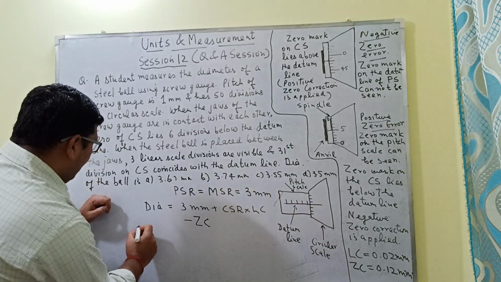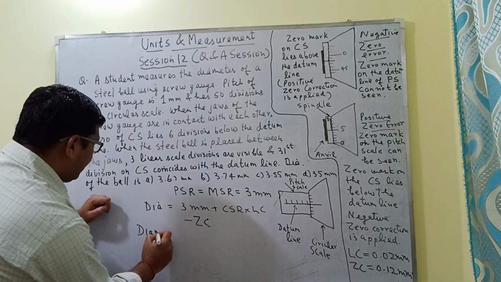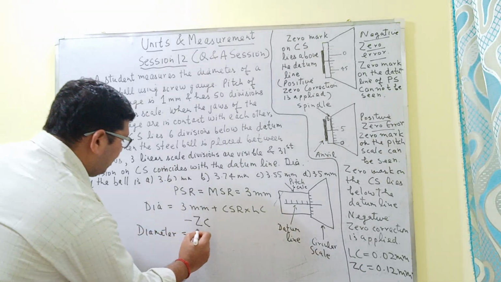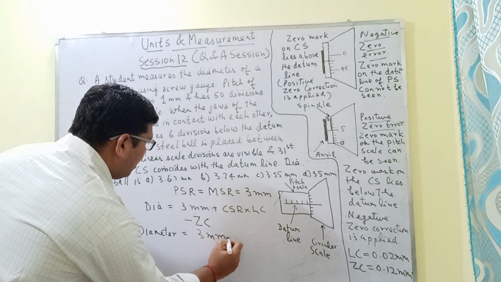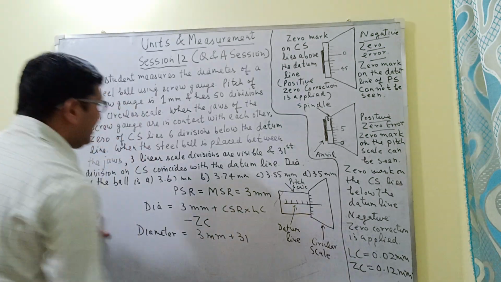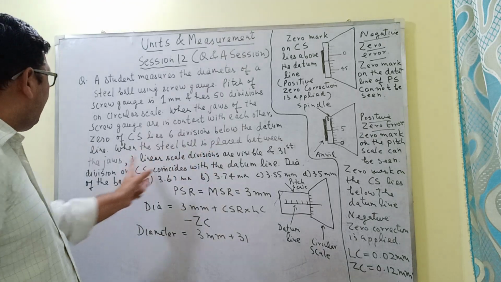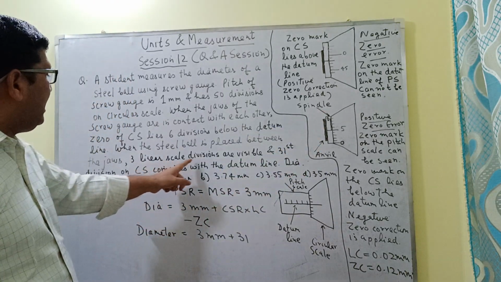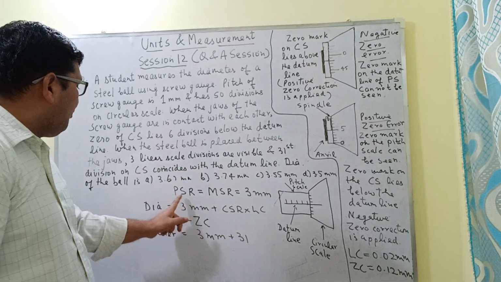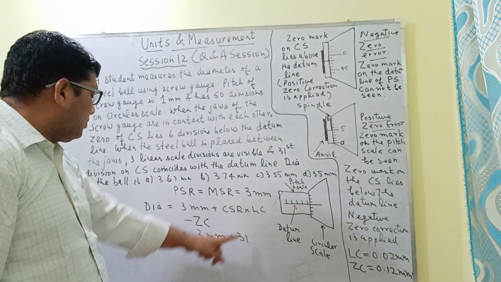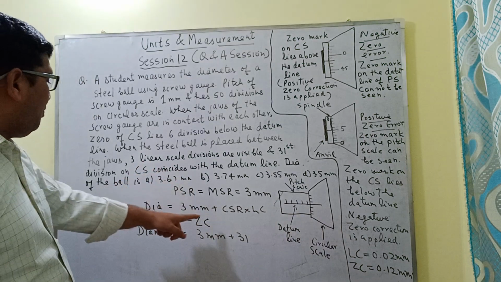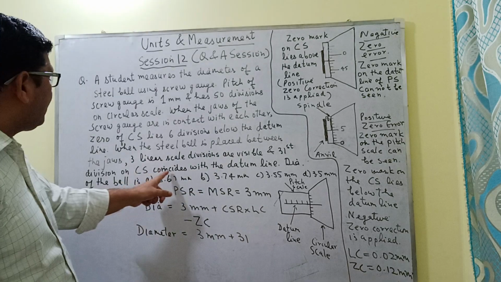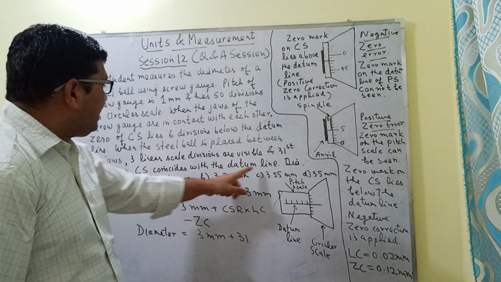So now the diameter of the sphere, this steel ball, will be equal to 3 mm plus the circular scale reading. When the steel ball is placed between the anvil and the spindle, 3 linear scale divisions are visible. So the pitch scale reading or main scale reading is 3 mm, plus the 31st division on the circular scale coinciding with the datum line.